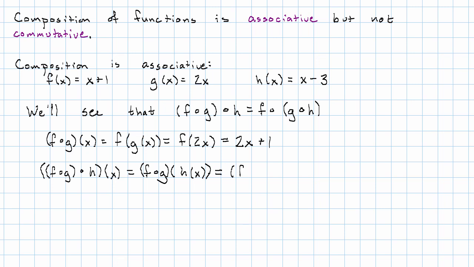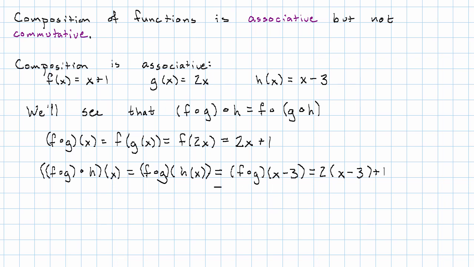So I want to take f composed with g of x minus 3. What does f composed with g do? Well, that takes its input, multiplies it by 2, and adds 1. Its input, in this case, is just x minus 3.